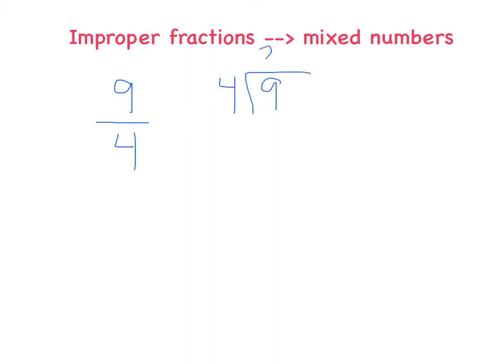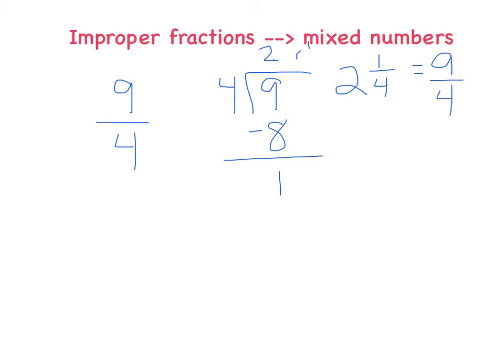It can go in 2 times. 4 times 2 is 8. 9 minus 8 is 1. I don't have anything to bring down, so I've got remainder 1. So I've got 2 wholes, and then I've got 1 out of 4 left. So 9/4 is equal to 2 and 1/4.